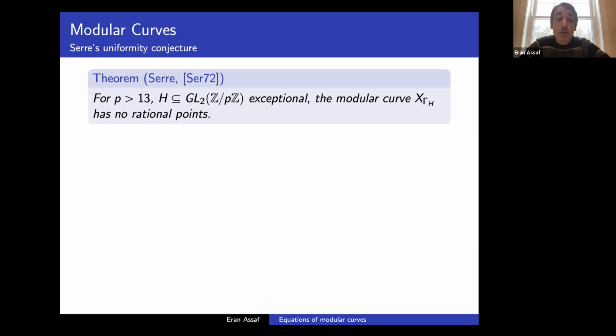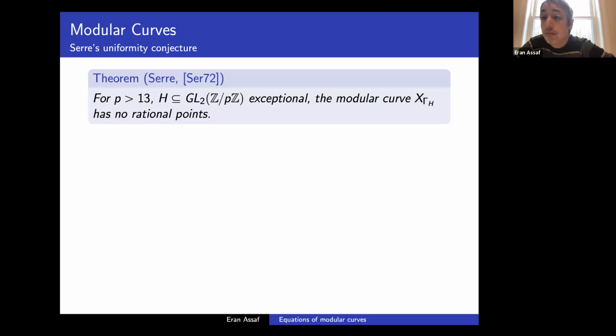So that returns us to Serre's uniformity conjecture. Stated differently, here is a theorem of Serre from the same paper concerning the exceptional case. Suppose that p is a prime greater than 13, and we have a subgroup that is contained in one of the exceptional subgroups.